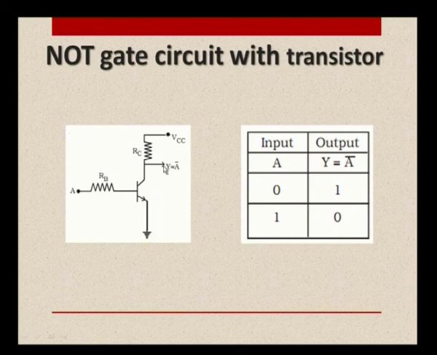So, across the output points that we have decided here, we have a 0 as the output voltage. So, the complementary values are obtained as the output for the given inputs. The transistor is used in the saturation and cutoff regions for acting as a switch. So, for a NOT gate, the preferred electronic component is a transistor.